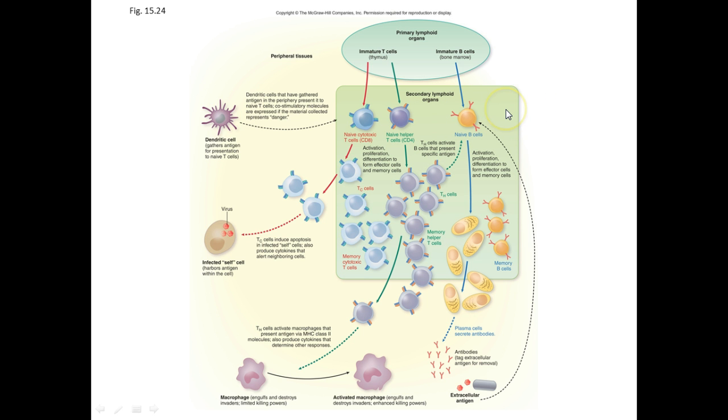So what are some examples of secondary lymphoid organs? Tonsils, yep. Adenoids. What filters lymph? Lymph nodes. What filters our blood? The spleen, right? And then you have your appendix as well.